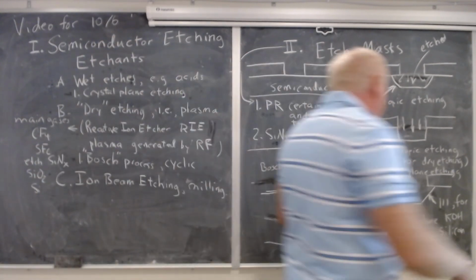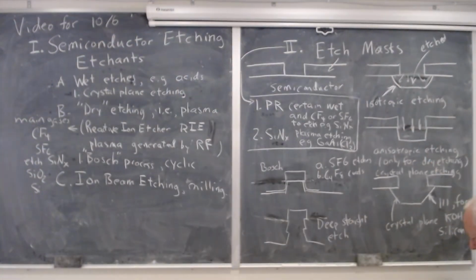I can add a slight thing here, since you do have a homework problem on it. For crystal plane etching, I'm not making it very big here, but you can probably see something.